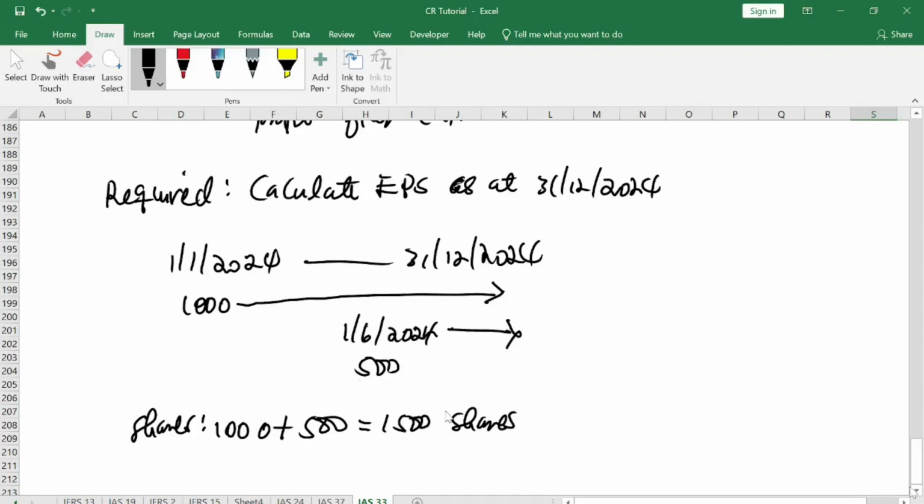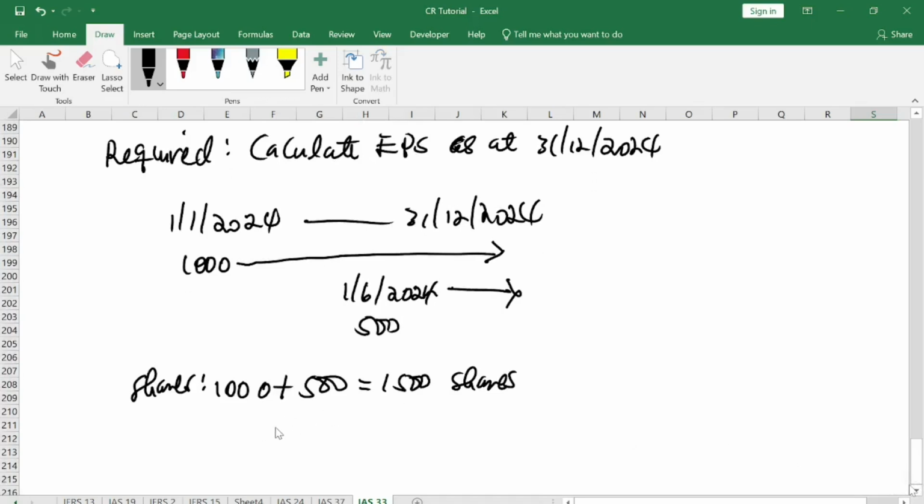However, for the purpose of earning per share, if you hold your total shares as 1,500 to measure your earning per share, you will get it wrong, because some shares were issued in the middle of the accounting year.